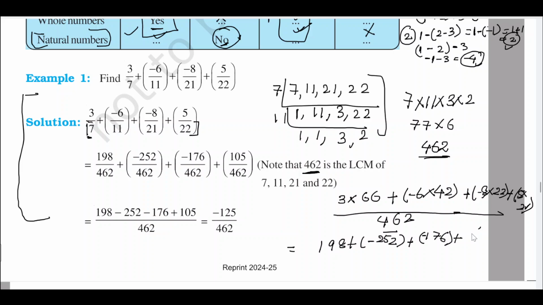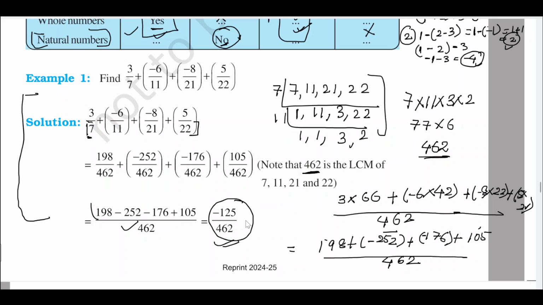It is 105 divided by 462. If we add these numbers, 198 minus 252 minus 176 plus 105, we are getting 125 by 462.